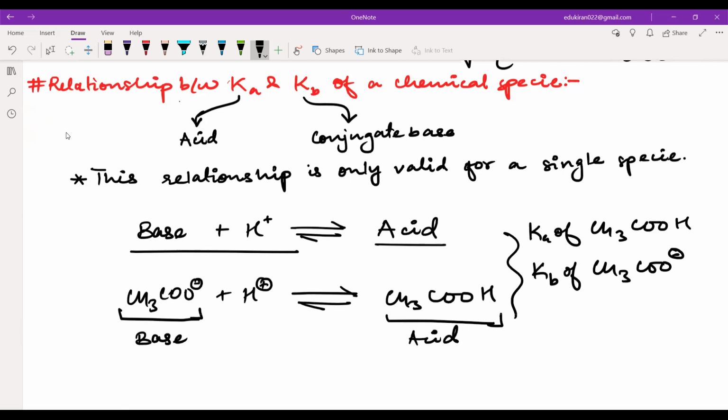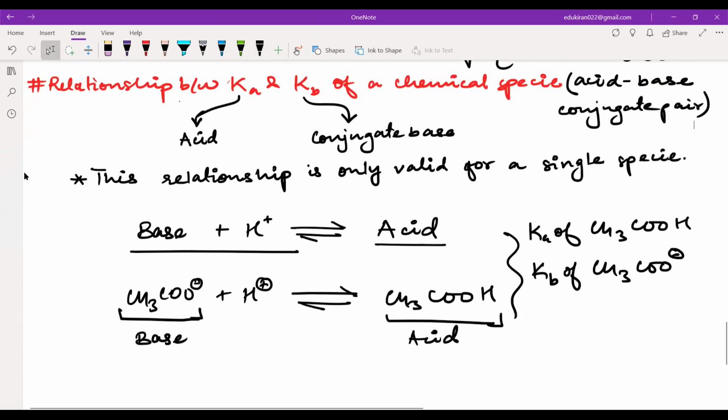So we are going to find the relationship between the Ka and Kb of conjugate acid base pairs. Let me write here acid base pair.